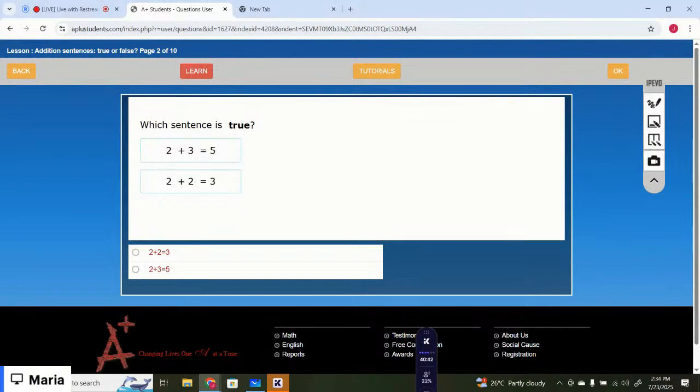Which sentence is true? 2 plus 3 equals 5, or 2 plus 2 equals 3? The correct option is option number 2, that is 2 plus 3 equals 5.